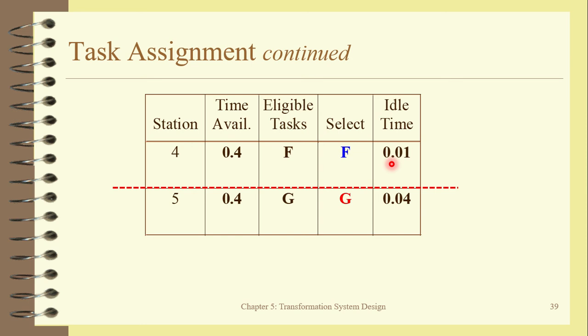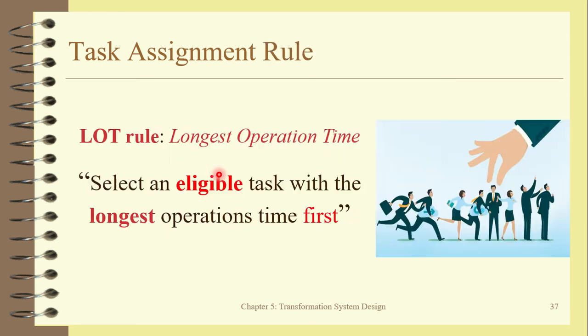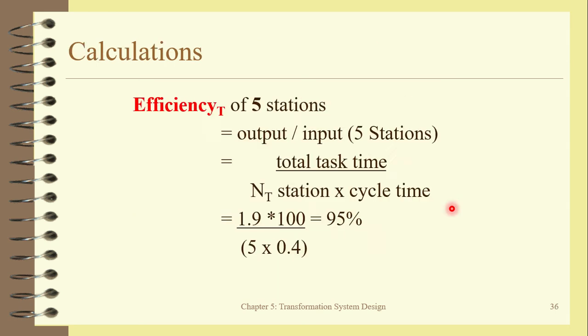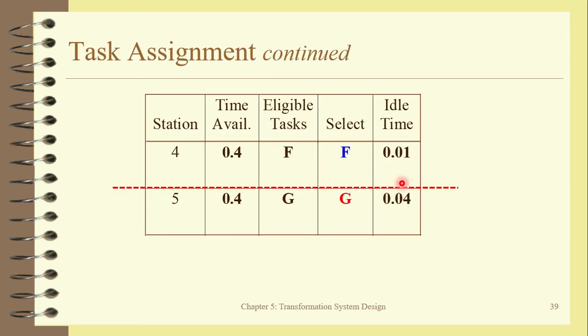So 0.4 minus 0.39 is 0.01 idle time, right? You can put 0.01 here, and then the next available eligible task after F finishes is G, right? But G requires 0.36, which is more than 0.01. So you cannot fill G in workstation 4.